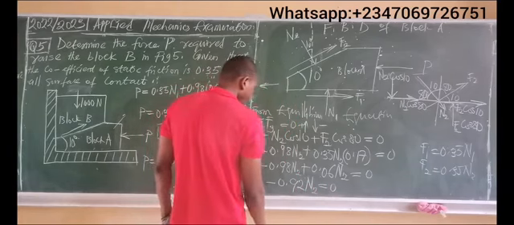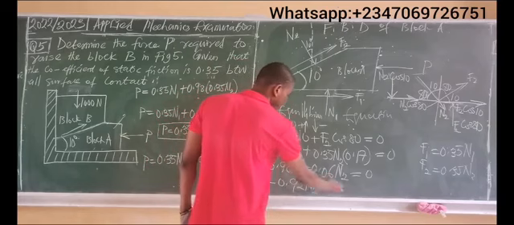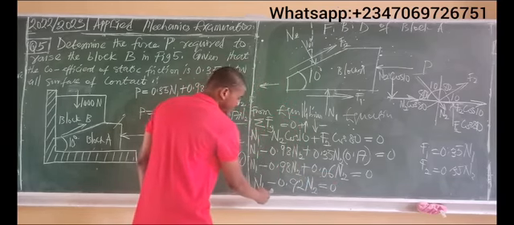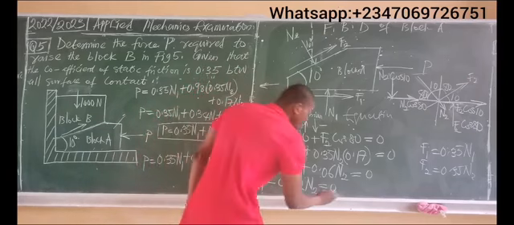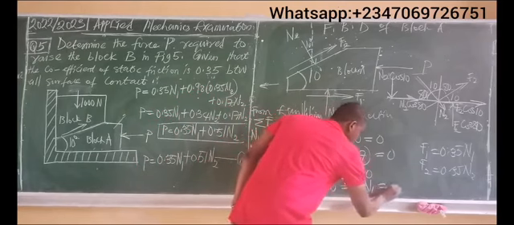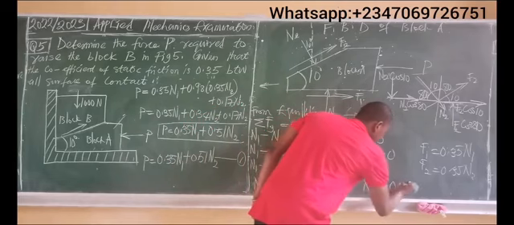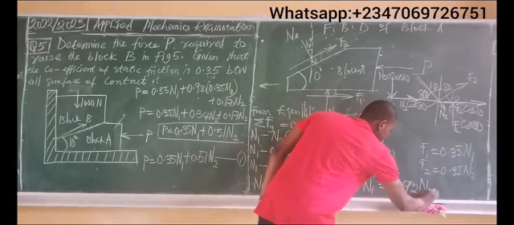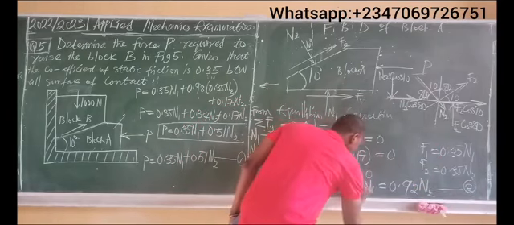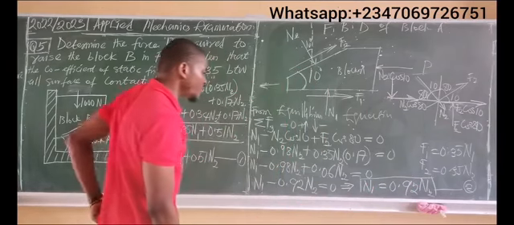So you can simply send minus 0.92 N2 over to the other side of the equation. This implies that N1 is equal to 0.92 N2, since the negative sign crosses the equal sign and becomes positive. You can call this equation 2. This equation is for the normal reaction.